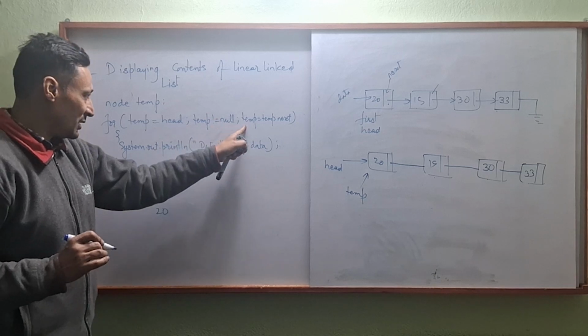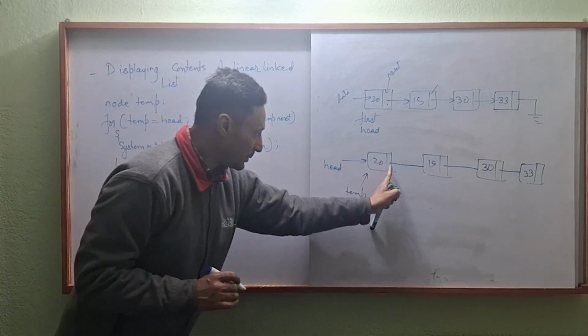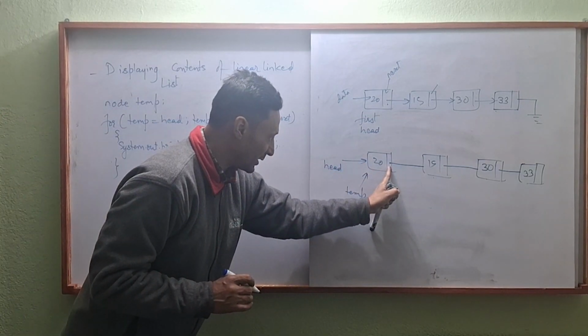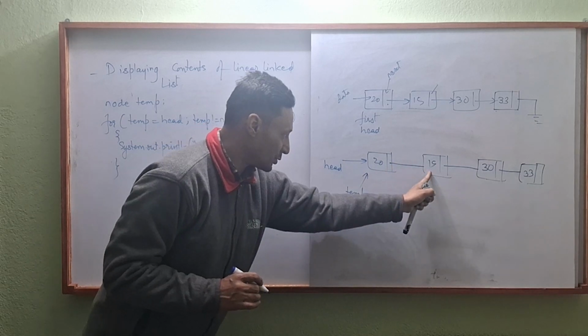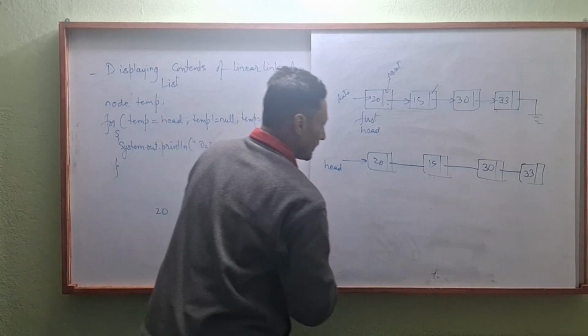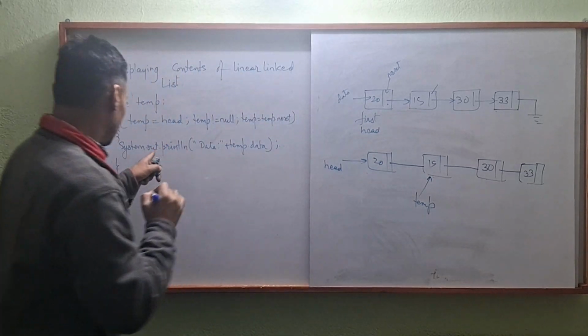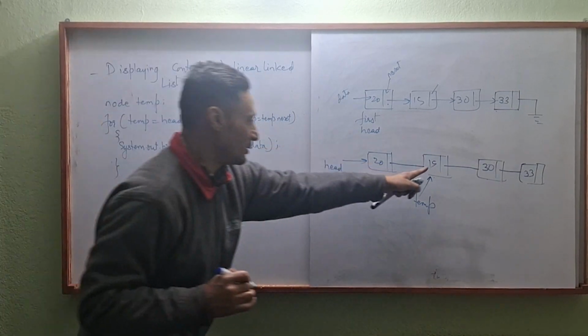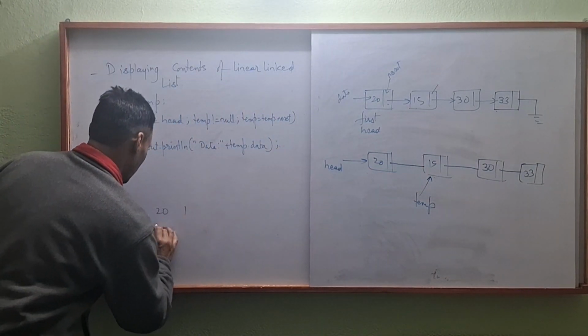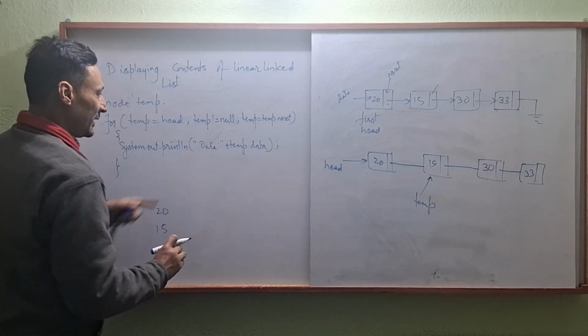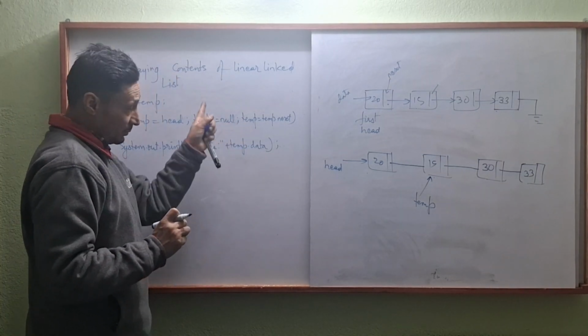Then temp is equal to temp.next. Temp.next is this part, which contains the reference of this node, so temp will move here. Now it will display the content of this node, that is 15. Then again temp will not be null.